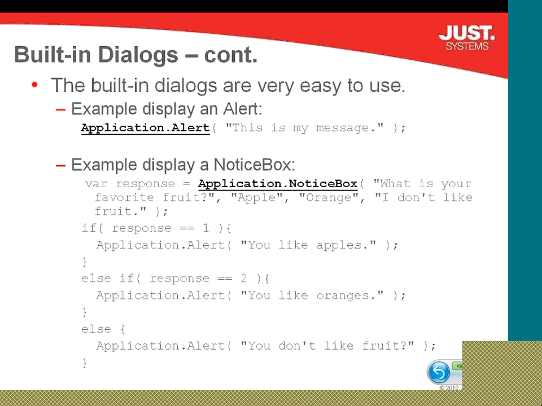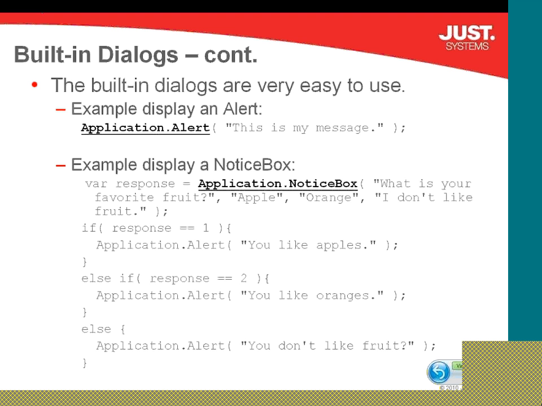The example below that is the notice box. This was the one that has up to 3 buttons you can assign to that box, and where you can assign the text. So you can see that I'm going to have 3 buttons, and the text on the first is going to be apple, on the second is going to be orange, and on the third is going to be I don't like fruit.